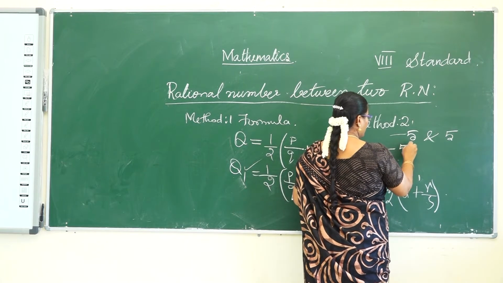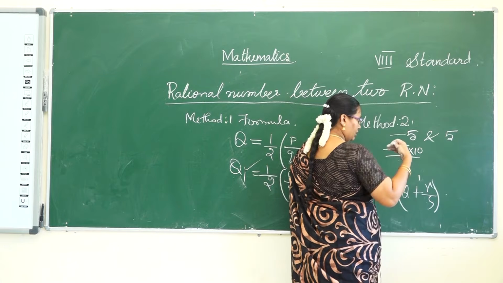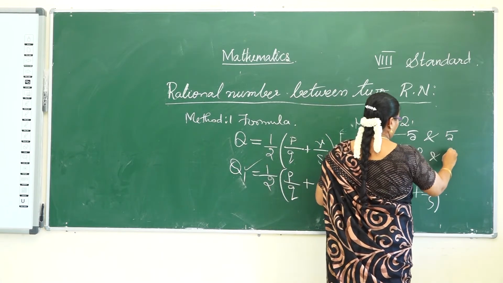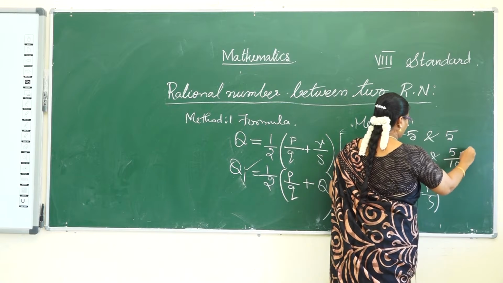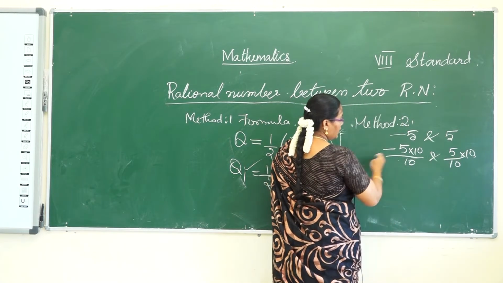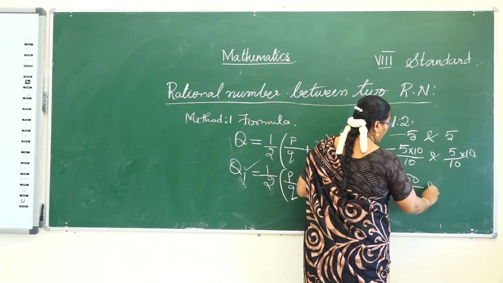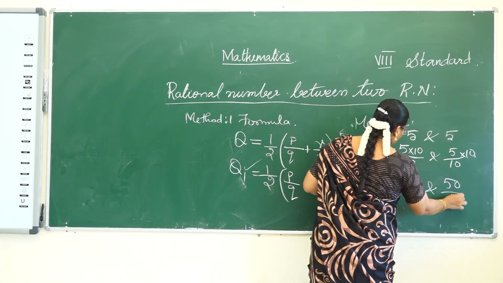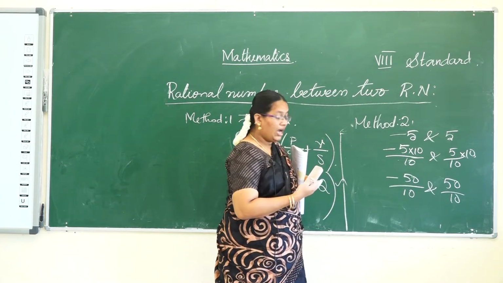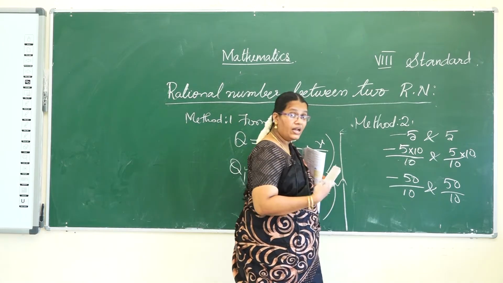So, minus 5, whichever number you multiply the numerator by, the denominator should be multiplied by the same number. Here also the same, 5 into 10 by 10. Okay. So, minus 50 by 10 and 50 by 10. Okay.